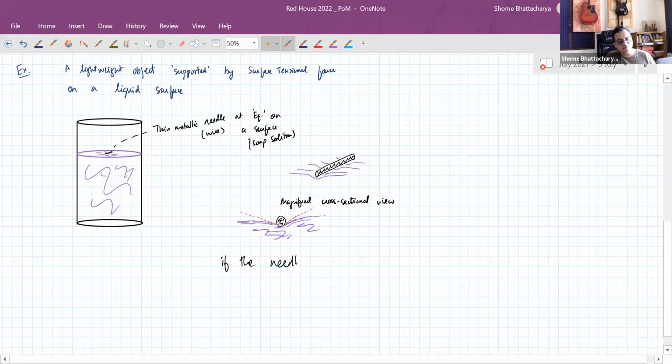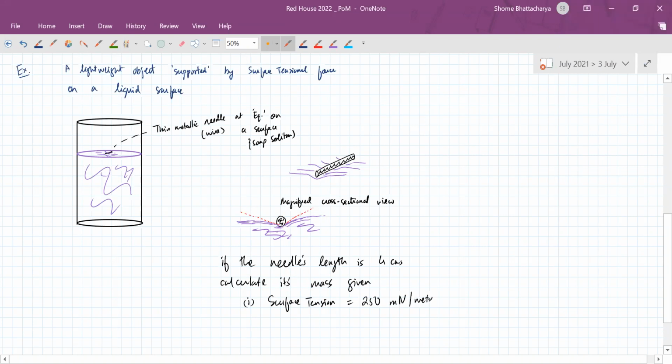If the needle's length is, let's say, 4 centimeters, calculate its mass, given that the surface tension of the liquid is, let's say, 250 millinewtons per meter for the given soap solution.